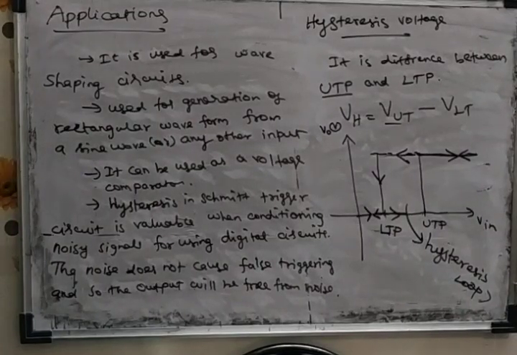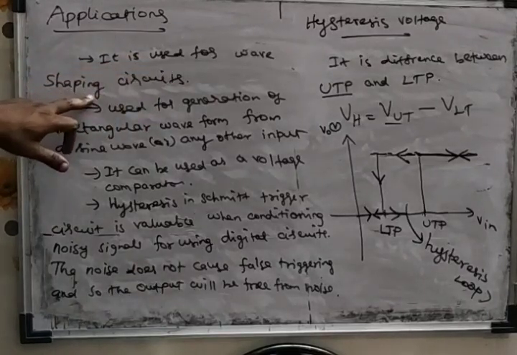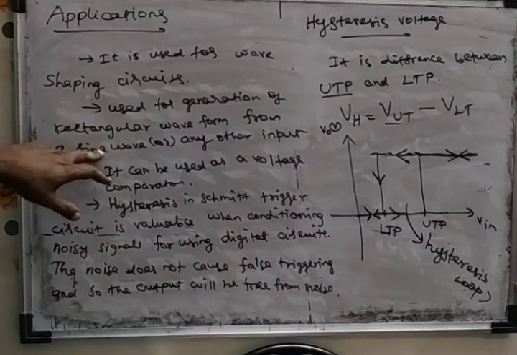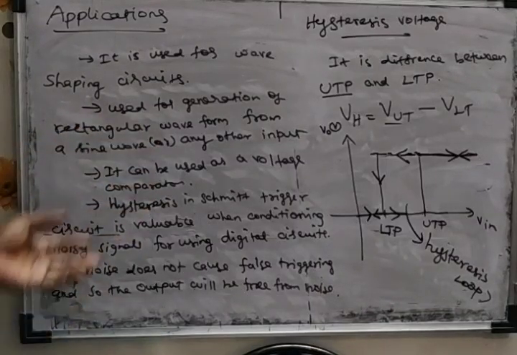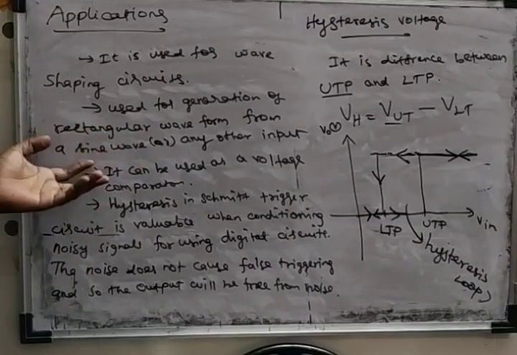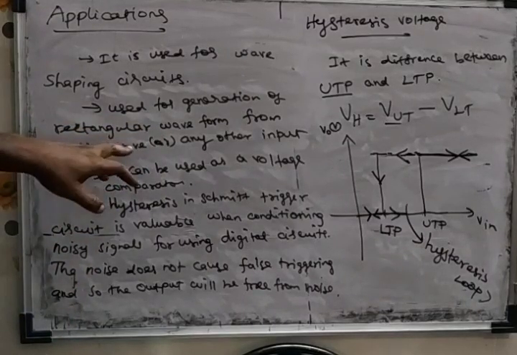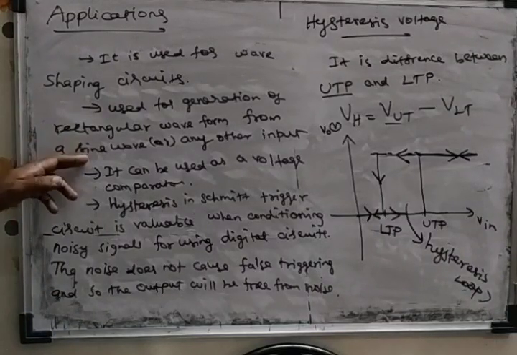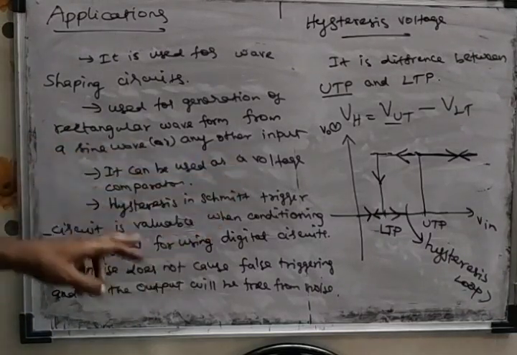Now next we see the applications of Schmitt trigger circuits. It is used for wave shaping circuits and for generation of a rectangular or square waveform from a sine wave or any other input. We can use a distorted sine wave or triangular waveform, any other waveform also. It can be used for voltage comparators.